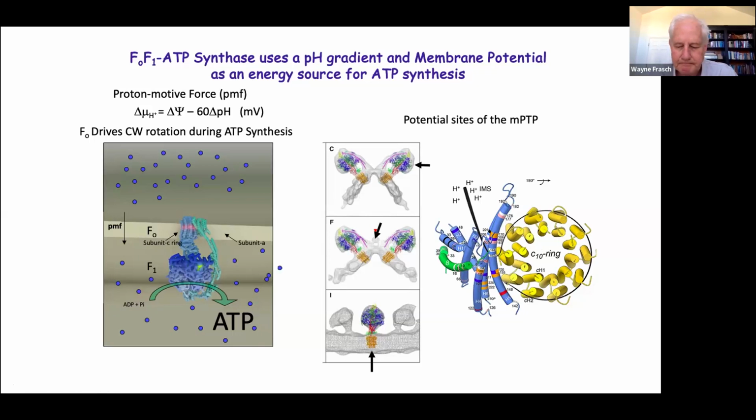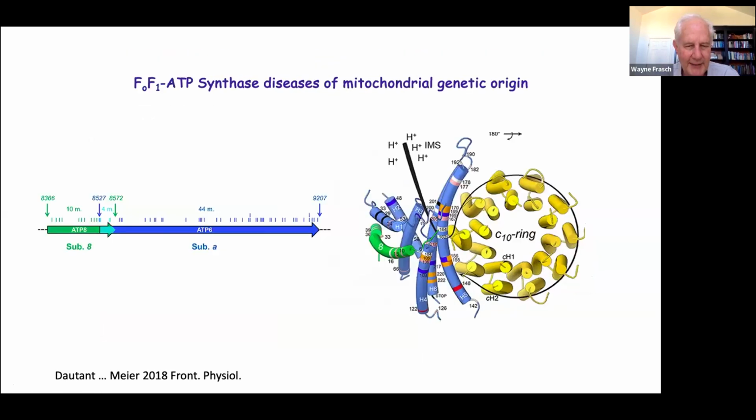So anyway, I've talked about a lot of things having to do with aging, but one of them is the mitochondrial DNA degradation that can occur. The two genes in the F1FO are the ATP6 gene and the ATP8 gene. ATP8 is a small accessory protein that helps dimerize F1FO.